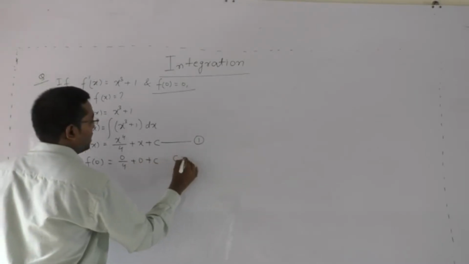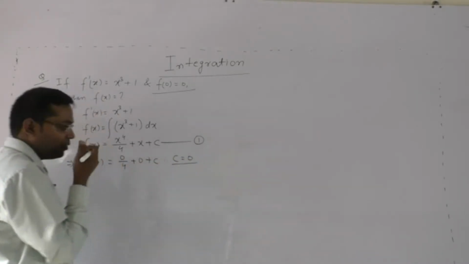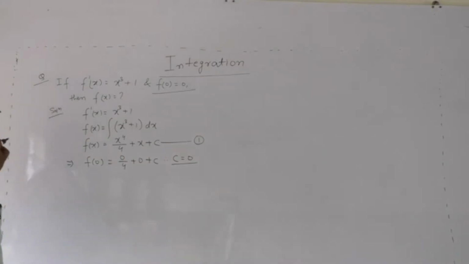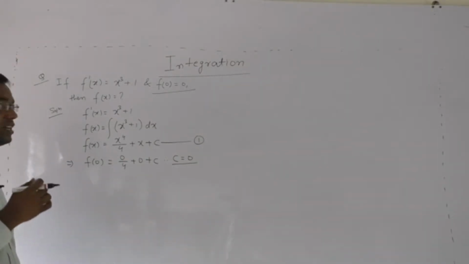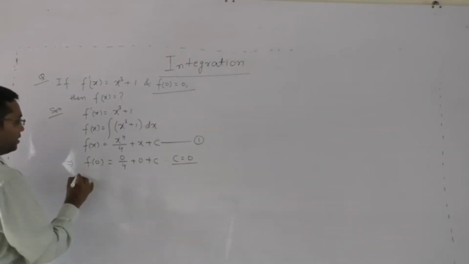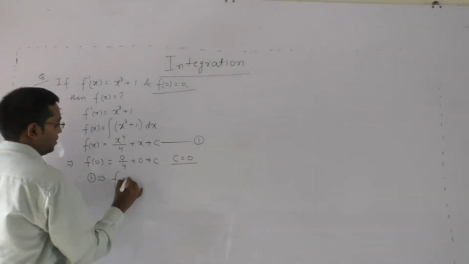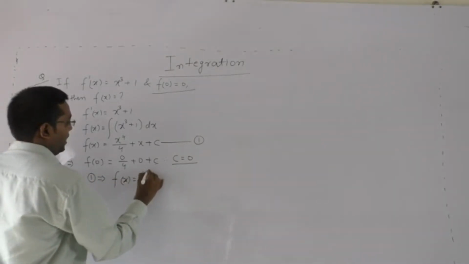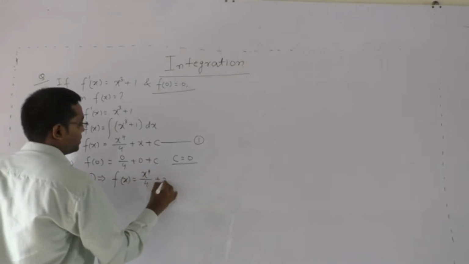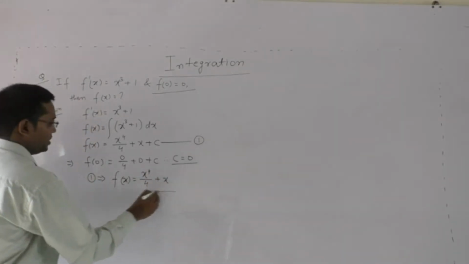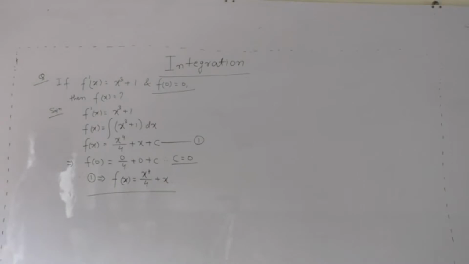So from here we get c equals 0. Whenever we find the integral constant, that type of integration is called definite integration. So from equation 1 we have the function f(x) equals x raised to 4 by 4 plus x. So this is what the question is asking.